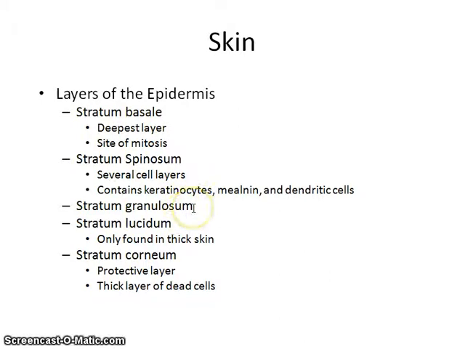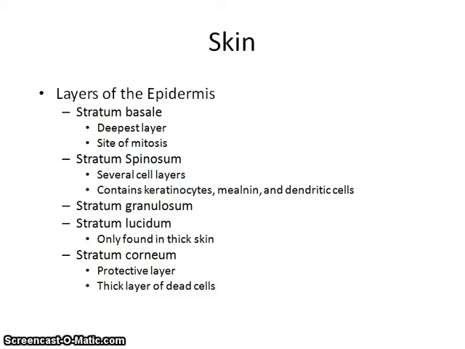And then stratum granulosum, stratum lucidum. This layer is only found in really thick parts, so the soles of your feet, the palms of your hand. And then the last one, this is probably the most important, the stratum corneum. It's a protective layer, and it's all dead cells. So that's the part that you're touching. Like if you're touching your skin, touch your arm, that is stratum corneum. Everything you're touching is dead.